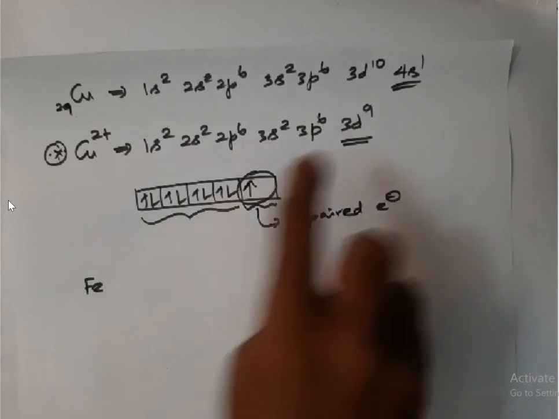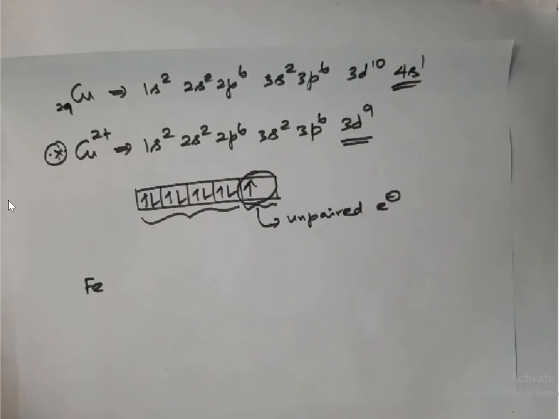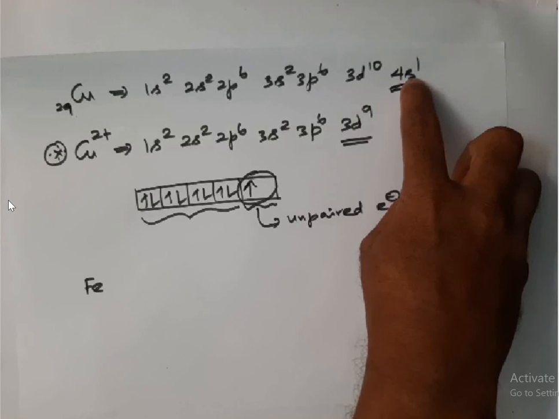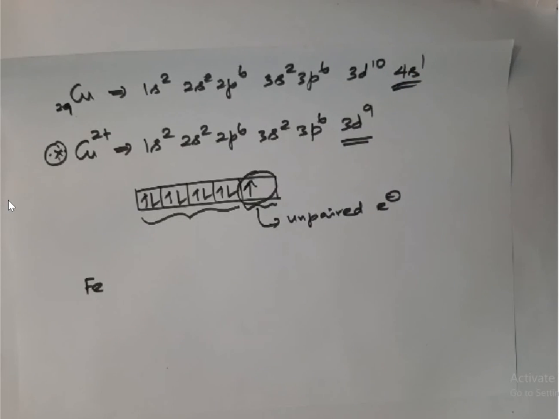This one electron becomes a free electron, so it can move freely everywhere, and we have a lot of free electrons. If you take a solid of copper which consists of so many copper atoms, there is one unpaired electron in the s orbital of each. All these s electrons will come out and form a free electron gas.